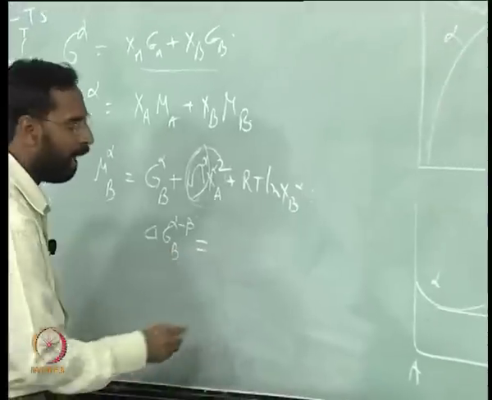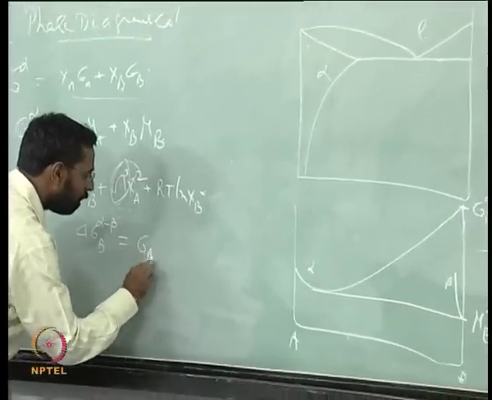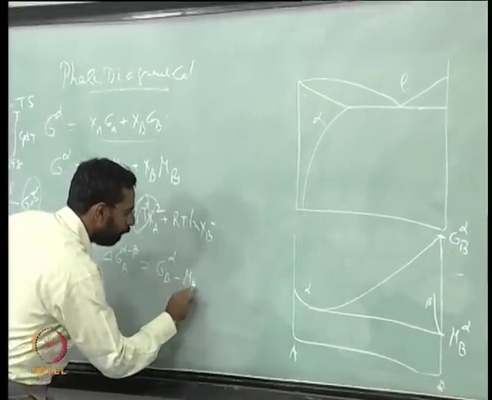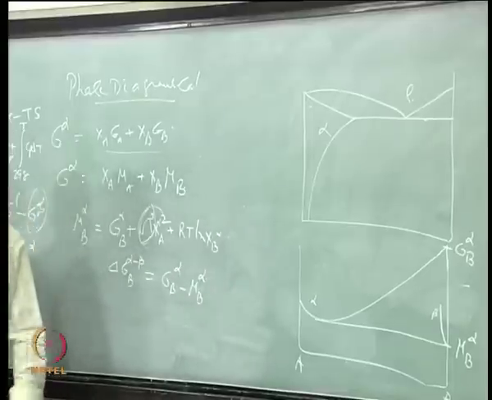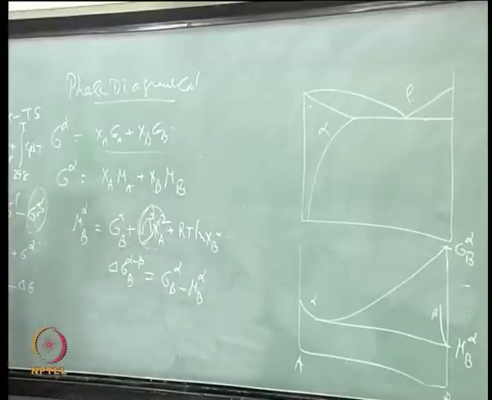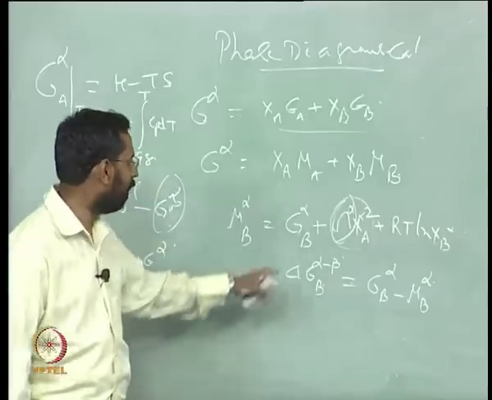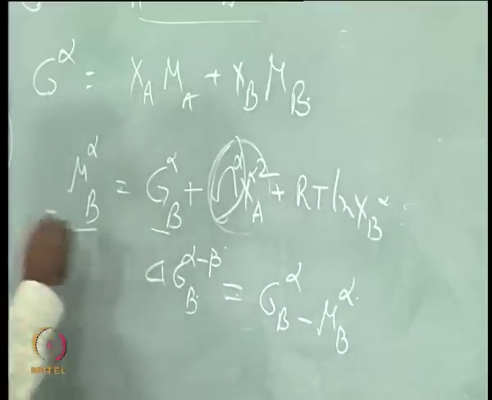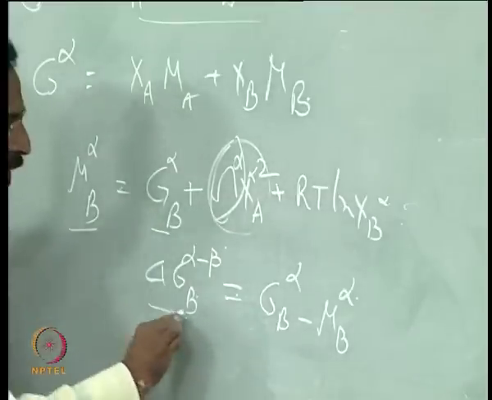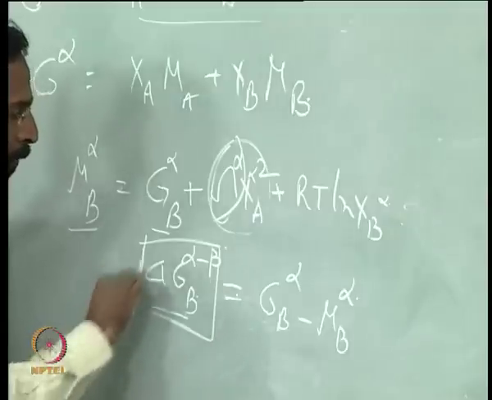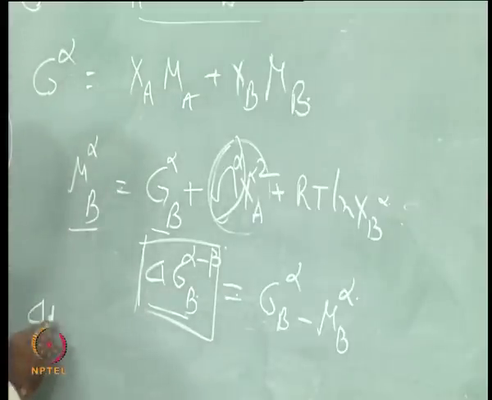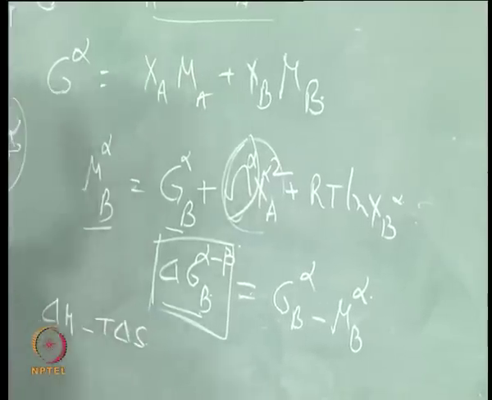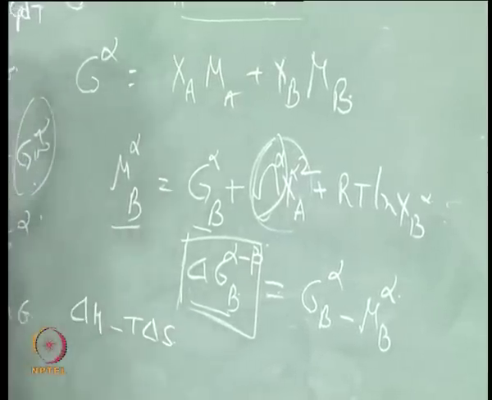This can be written as GB alpha minus mu B alpha. If you write that, then basically you can write this whole thing as this minus this will be this, and this value can always be found out as delta H minus T into delta S for the alpha and beta.